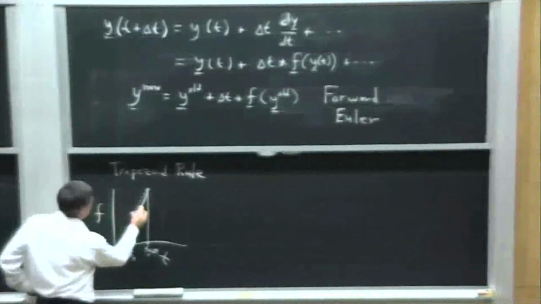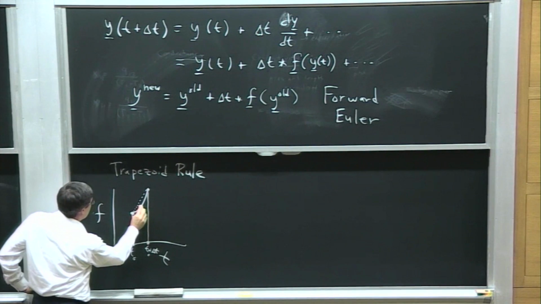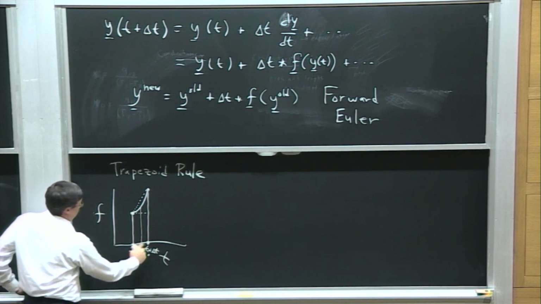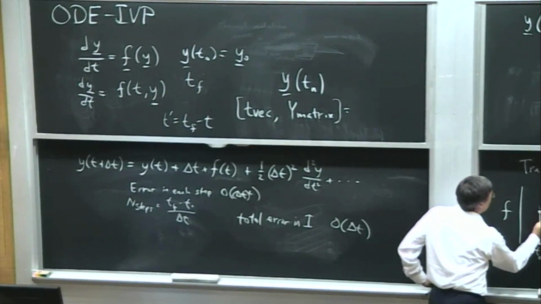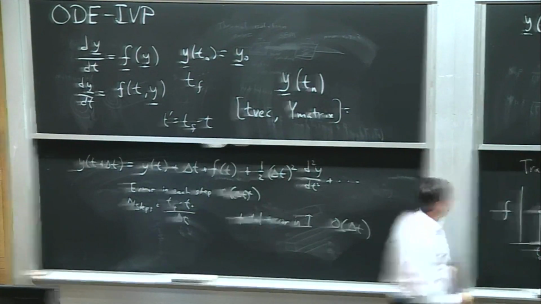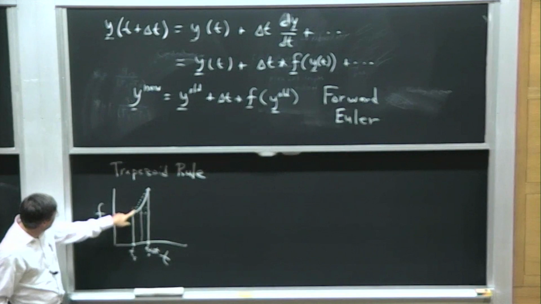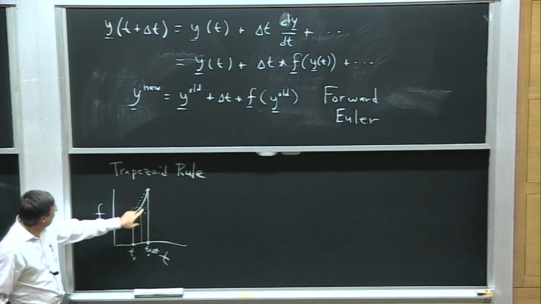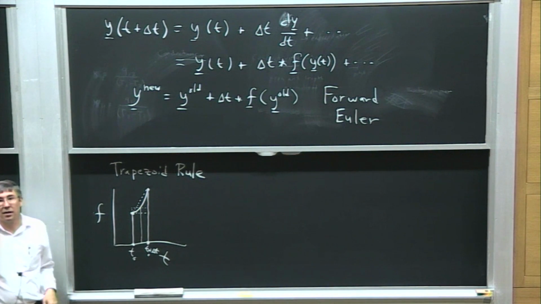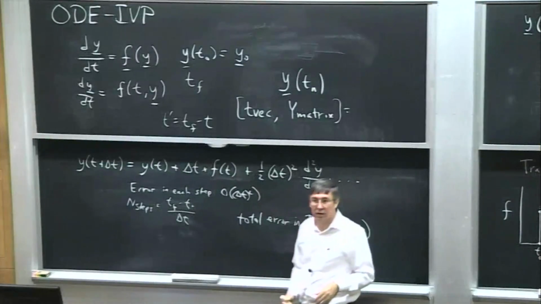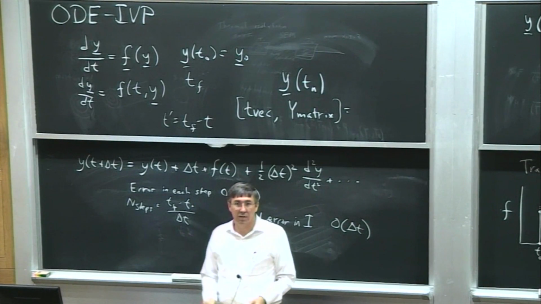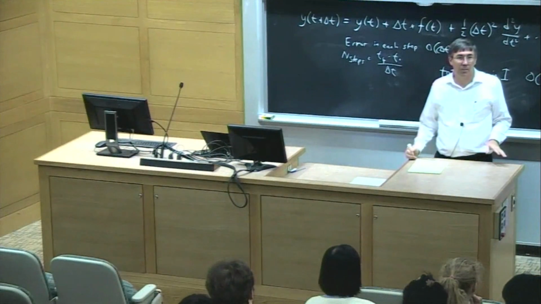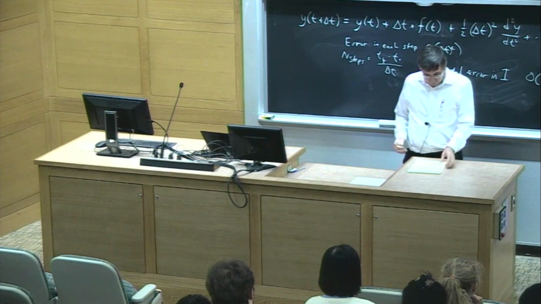If you did the midpoint rule, you'd evaluate this function halfway between these 2 points, and then draw a dotted line here and a dotted line there, and integrate that guy. And it would overestimate for part and underestimate for part, and they would partially cancel each other out. And so that also would be more accurate than doing the rectangle rule straight. Okay? So you did this before.